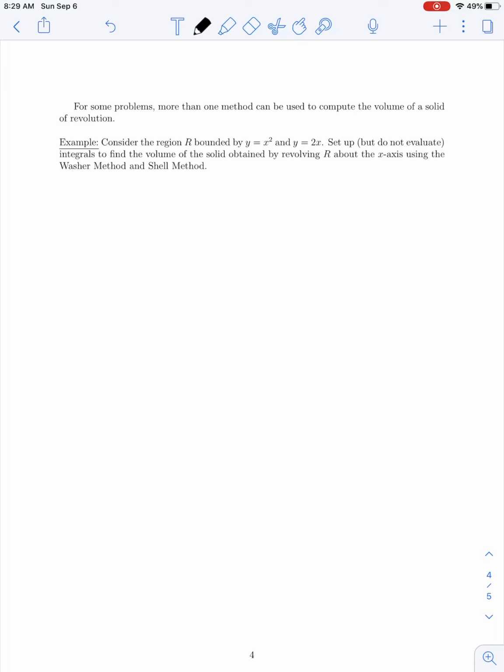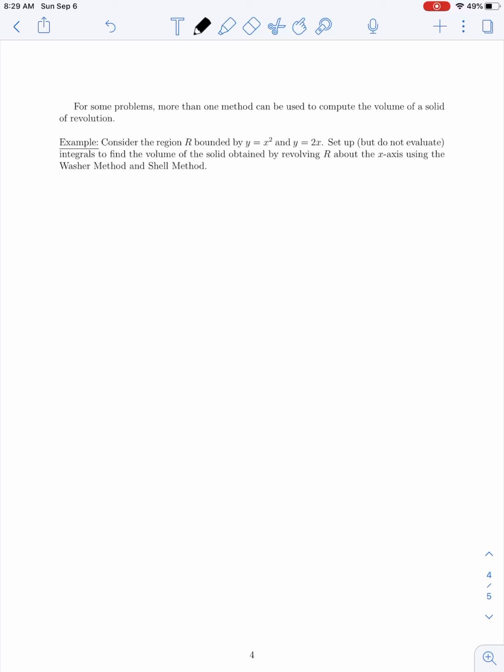So in this next example, we're asked to consider the region R bounded by y equals x squared and y equals 2x. And we're told to set up, but not evaluate, integrals to find the volume of the solid obtained by revolving that region R about the x-axis using the washer method and the shell method.